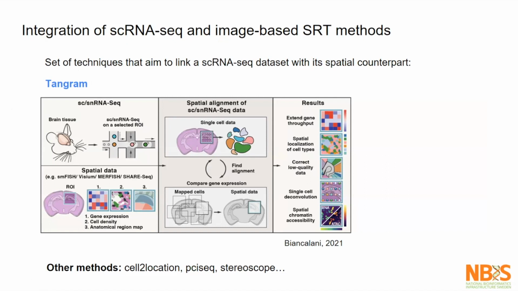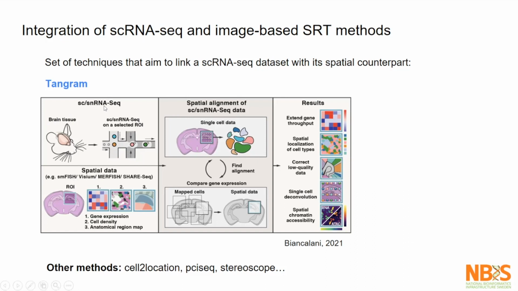So one of these techniques is Tangram, and that's what we'll be using in the lab today. The idea is that we will basically combine our single cell RNA-seq and our spatial data set using the set of common markers present in both data sets.